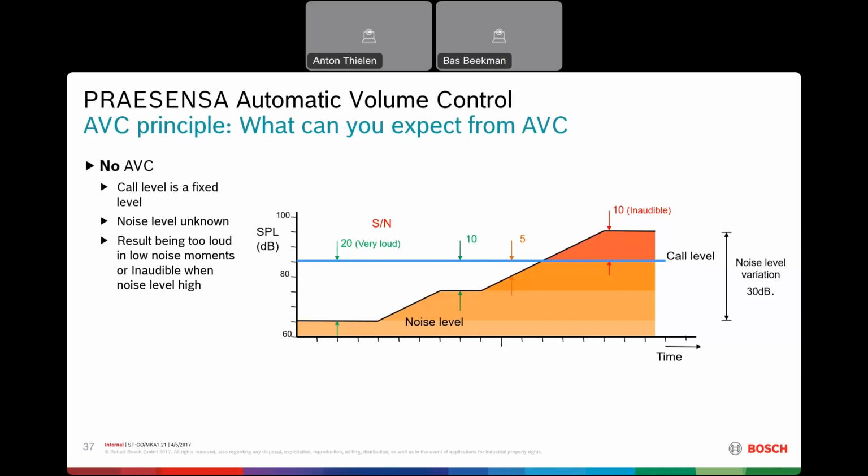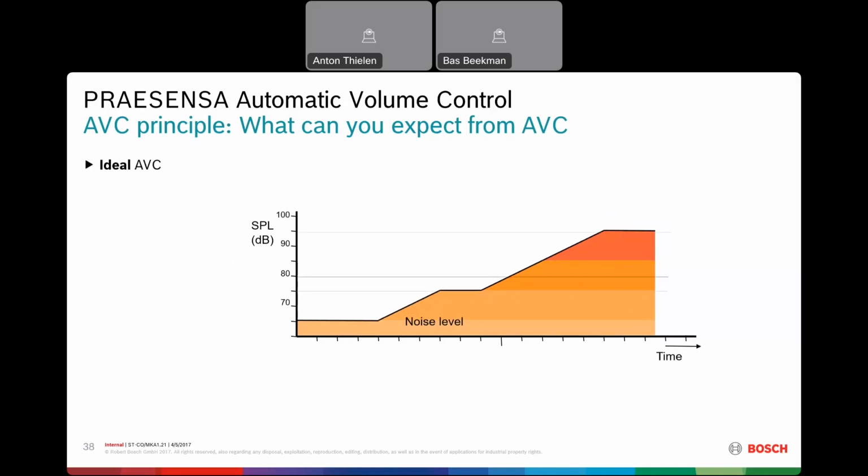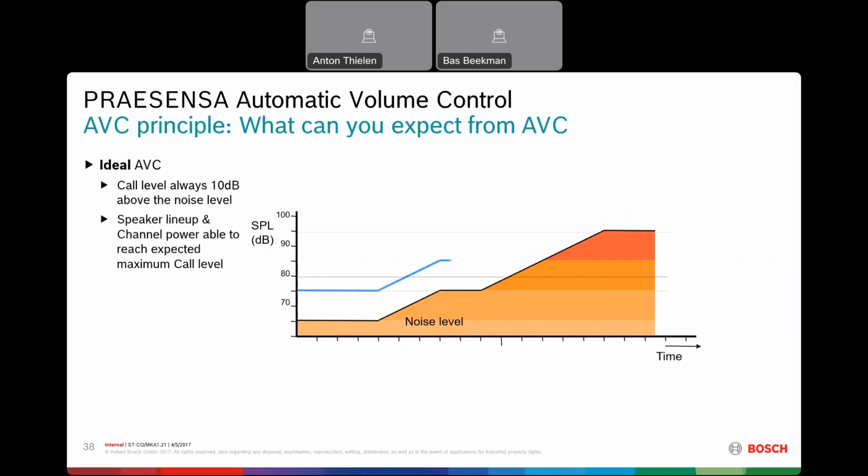But this is when you don't have any AVC in place. Ideal AVC is where everywhere you have this 10 dB difference between the noise level and your call level. That means your speaker lineup and channel power should be able to reach the expected maximum call level, and that would be the ideal solution.